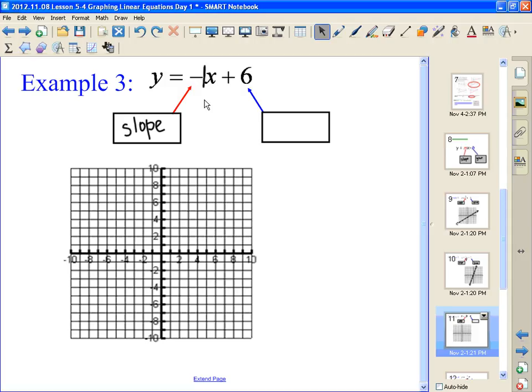So it's -1/1. And then on this one, my y-intercept is 6. So I'm going to start up here at 6, which is right there. Then because my slope is -1/1, I go down 1, right 1. Down 1, right 1. And I do that as far as I can off the graph.